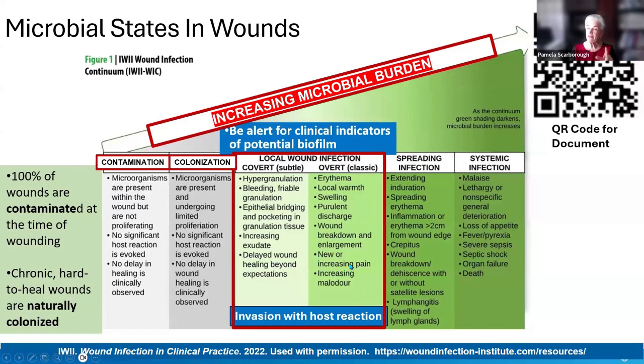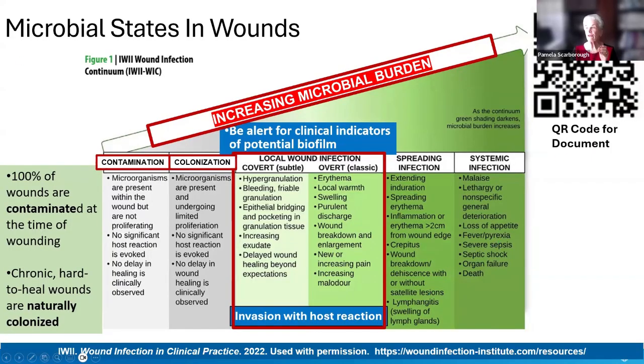And if we don't do that, then we run the risk of a spreading infection where you start getting that induration, that hardness, spreading erythema further outside the edges of the wound bed. The inflammation is 2 to 3 centimeters and further outside the edge of the wound, crepitus. The wound breaks down, and then the wound can go systemic.